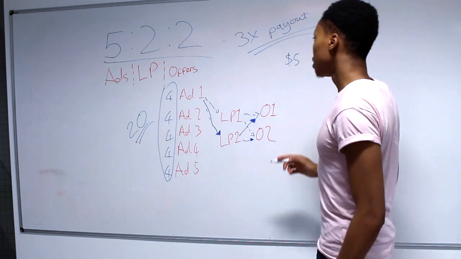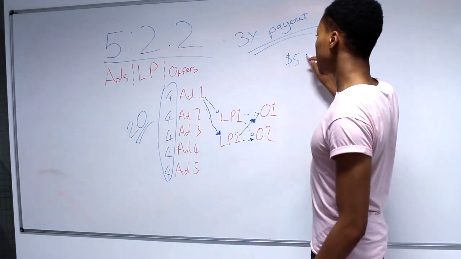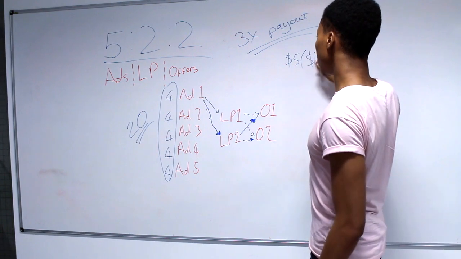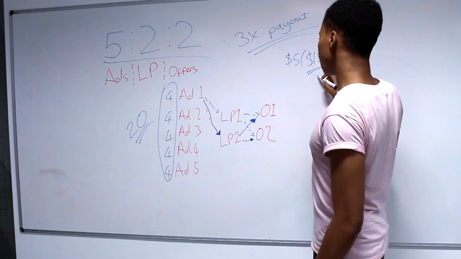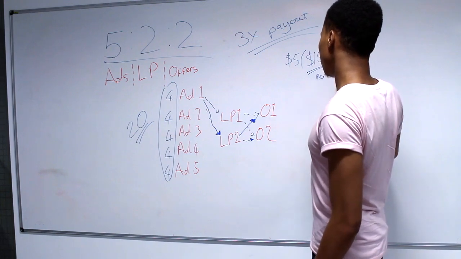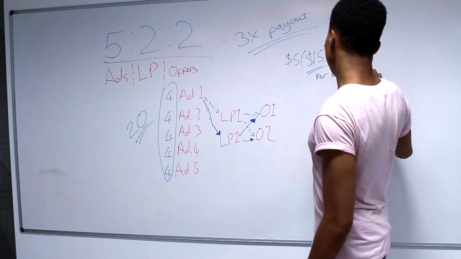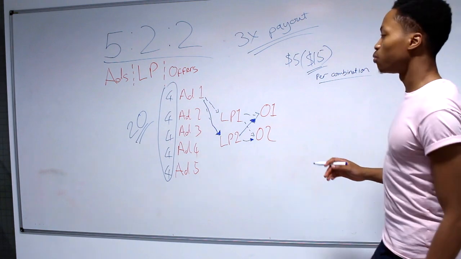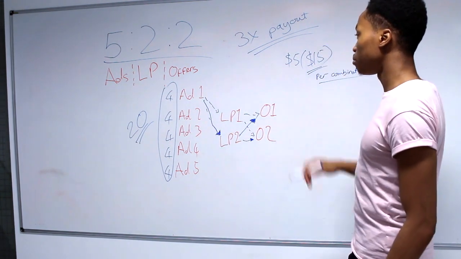Okay? If we're going to be spending 3 times the payout, that means we're going to spend on each combination an average of $15. Okay? Per combination. So this basically means that we have 20 combinations at $15 per combination.